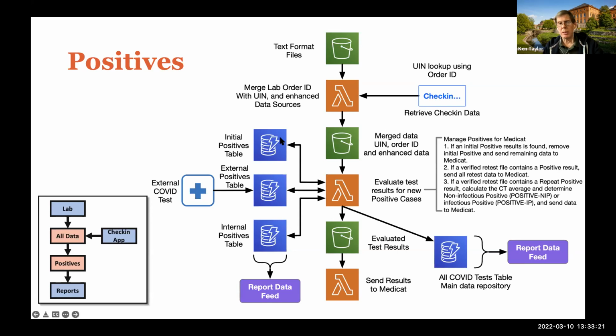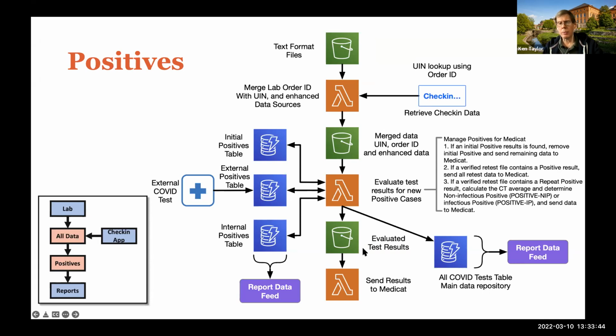And we have the bookkeeping of who we've seen now, who's initial positives, who we've seen positive previously, and we have to evaluate all of that, organize it, and then pass on those results. We have a main database also in Dynamo that collects all of that data. So we have about 2.7 million COVID test results now in that database.